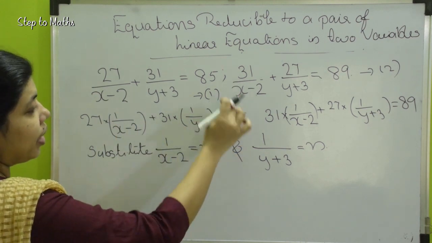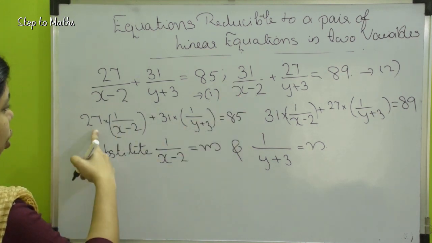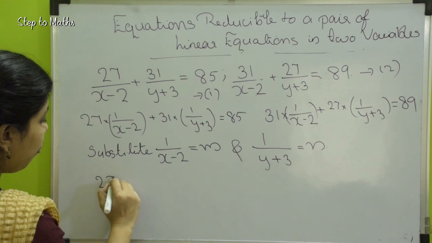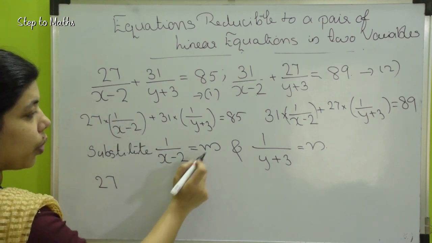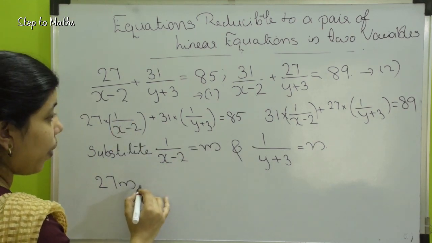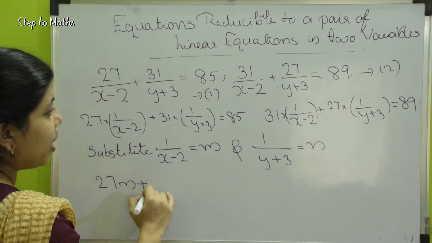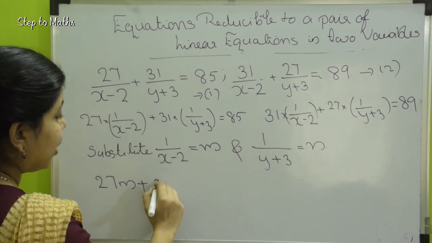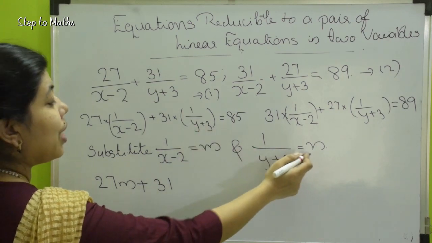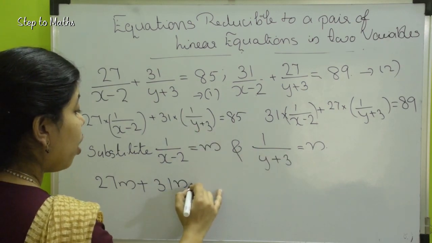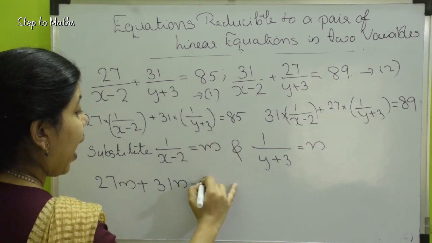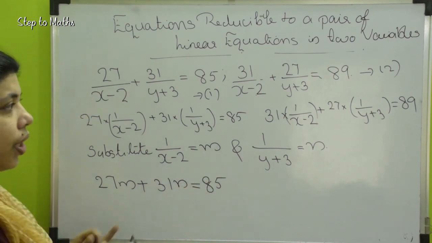Then how can we rearrange these two equations? 27 into 1 upon x minus 2 is m, that is 27m, plus 31 into 1 upon y plus 3 is n, 31n is equal to 85.